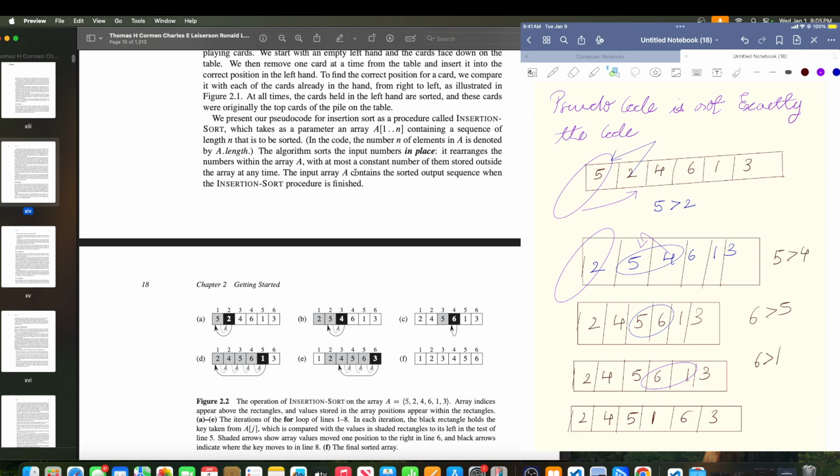Again, now we check 6 and 3. Then again we do the sorting.